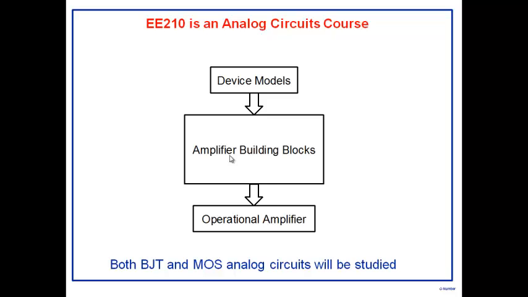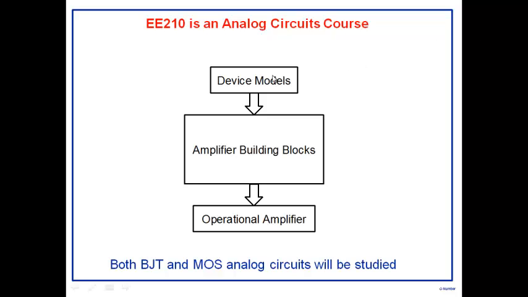When you go to subsequent courses, there you will go inside the bipolar transistor and you'll see how a bipolar transistor actually works and how the different properties of a bipolar transistor arise. So when I talk about it here, we'll discuss bipolar, we'll discuss MOS, we'll discuss diodes, but we'll discuss them from an external perspective, from the perspective of terminal characteristics. All right, so that's the outline of the course.